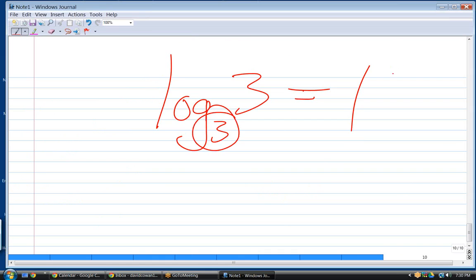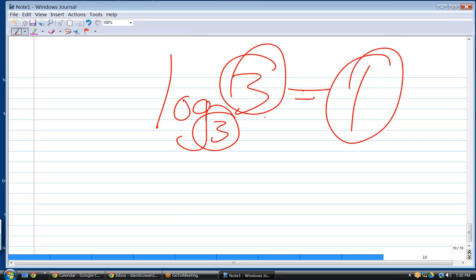Because 3 raised to the 1 power is equal to 3. Doesn't matter what this base is. If it was 7 and that was 7, it would still be 7 to the 1 power equals 7. So the net result is the log of any base of itself is always 1.